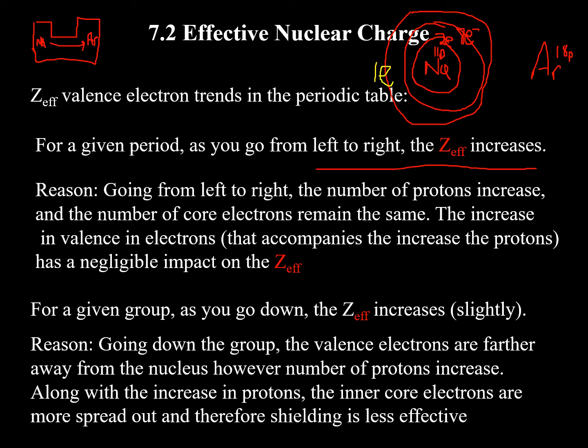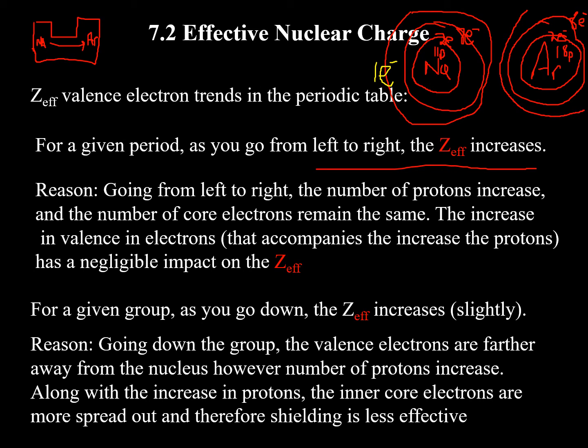1 valence electron. If we compare this with argon, argon has the same thing, 2 electrons on the first level, 8 on the next level, and we draw the other level here.